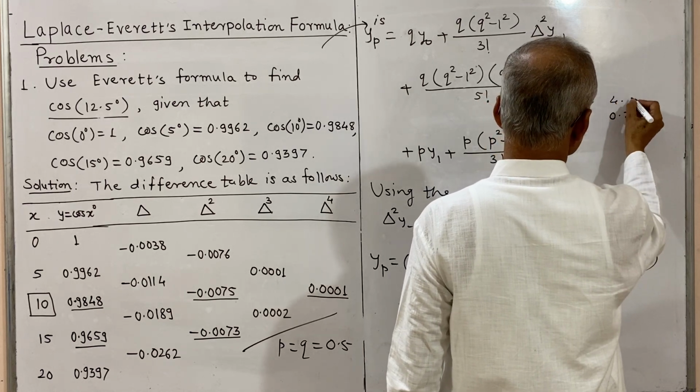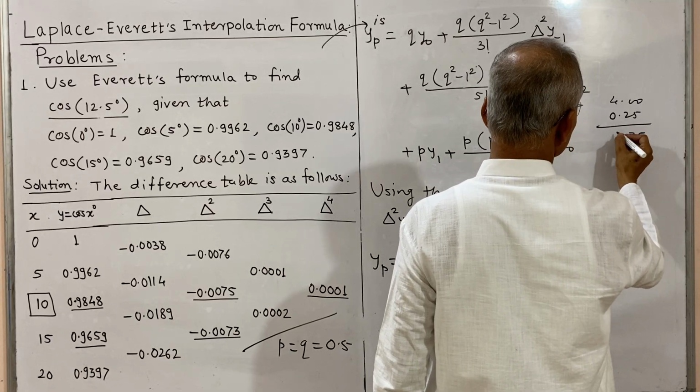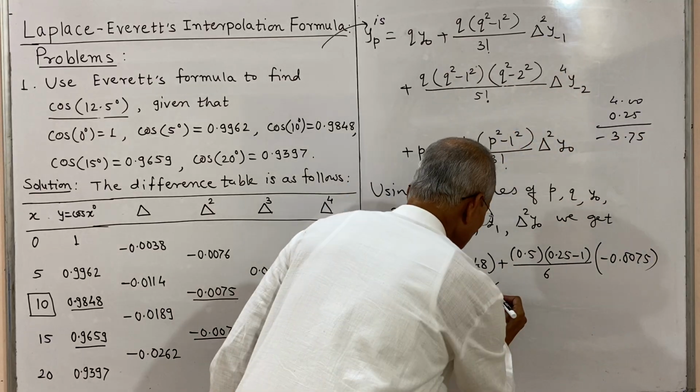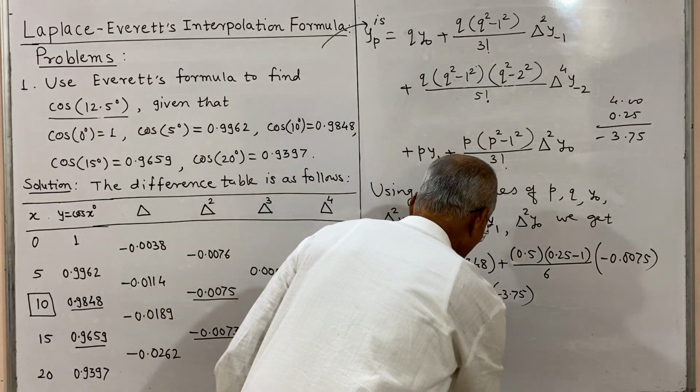So we have to subtract this from 4, and the answer will be negative 3.75, and divided by 5 factorial, 120.